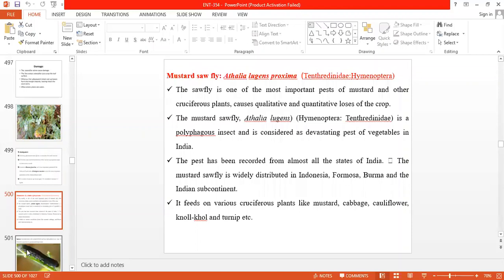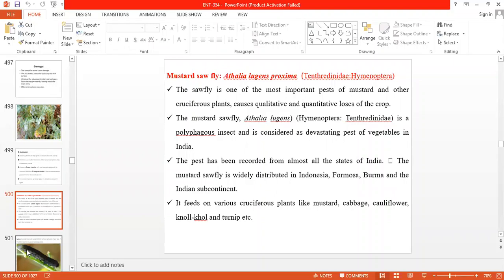The next major pest of mustard is the mustard sawfly, Athalia lugens proxima, family Tenthredinidae, order Hymenoptera. This is the economic importance of that pest.